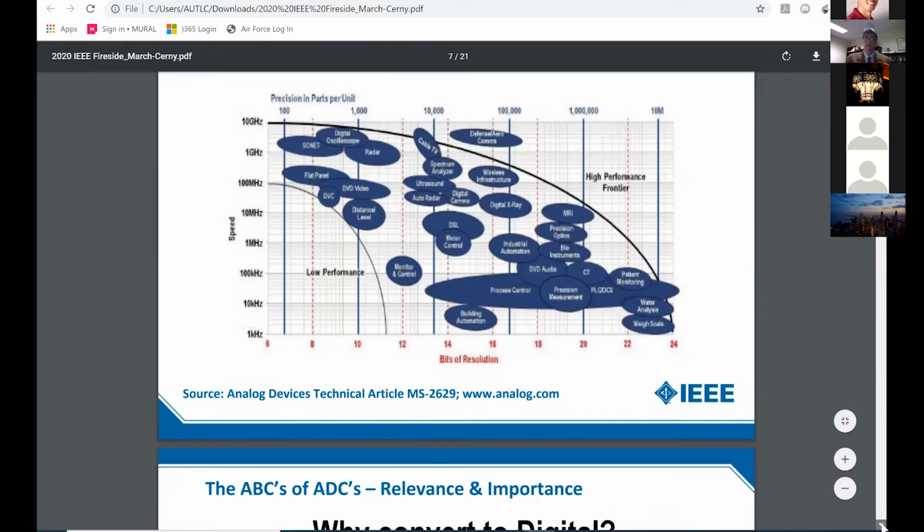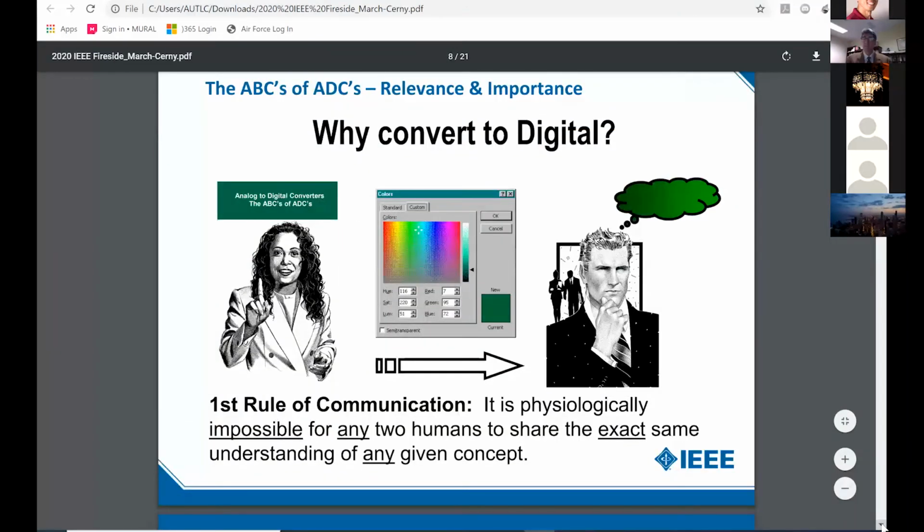All right. So on the next view graph, we start to think about why would you want to convert to digital? And what's very important is what's there first at the bottom of the view graph, and that it is a challenge for two human beings to share the exact same understanding of a given concept.